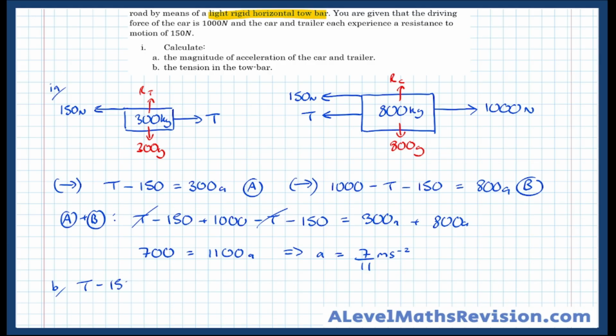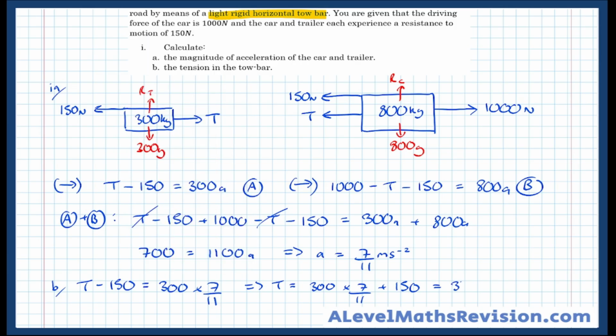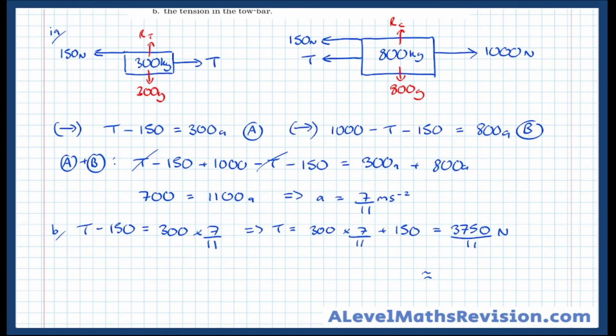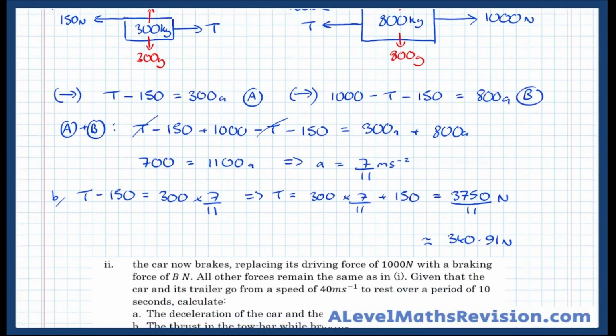So T minus 150 equals 300 times 7/11, which means that T equals 300 times 7/11 plus 150, which is equal to 3750 over 11 newtons, or say we want to round that, 340.91.